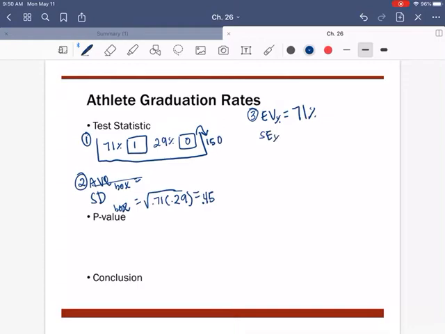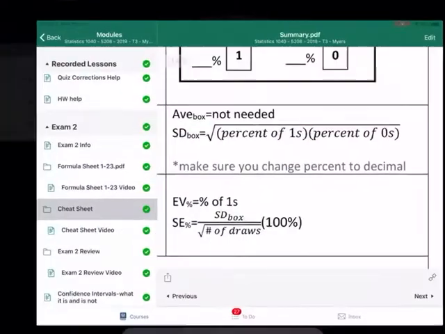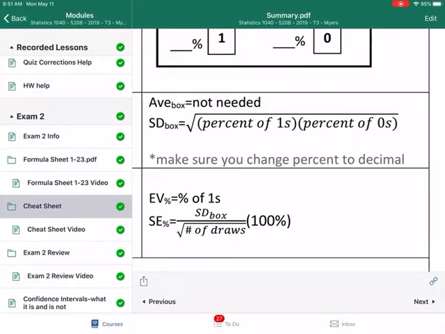Step 3 is the expected value percent. We expect 71% because that's the number we were told.